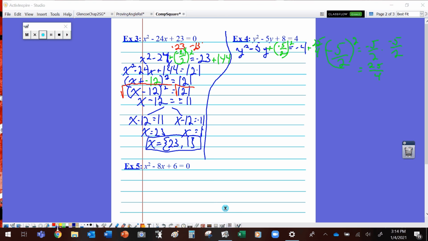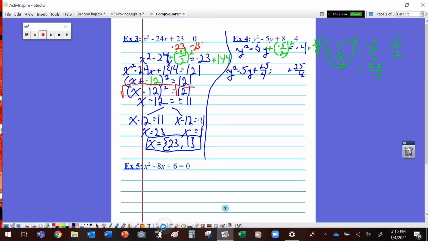Okay, now on the left side, clean this up a little bit, and we'll have y squared minus 5y plus 25 over 4 equals, okay? Now, over here, I've got negative 4 plus 25 fourths. And I need to have a common denominator.